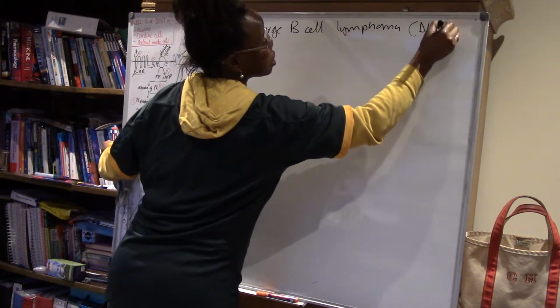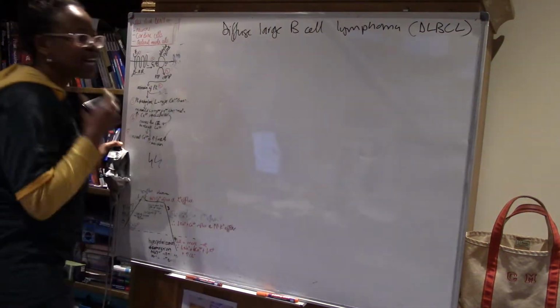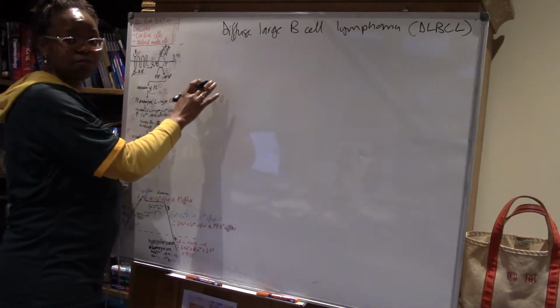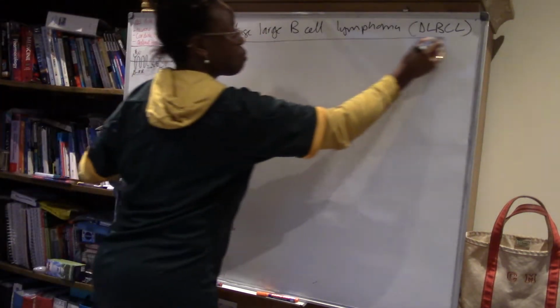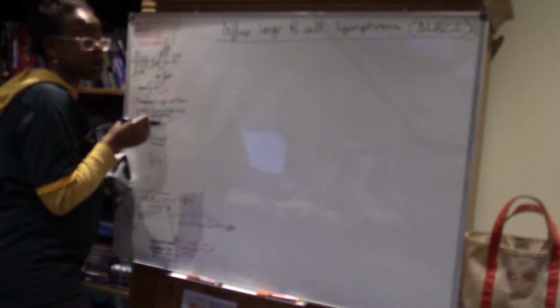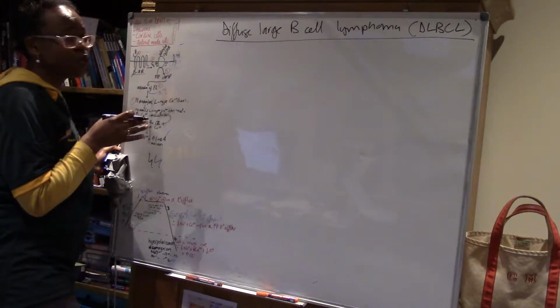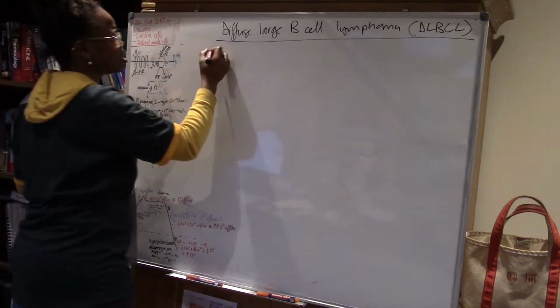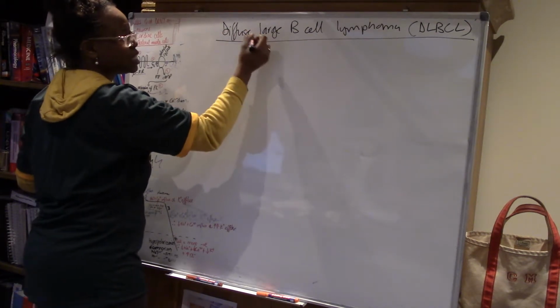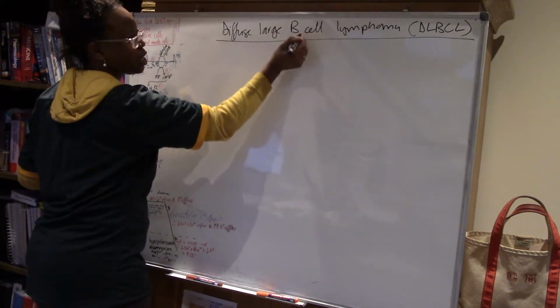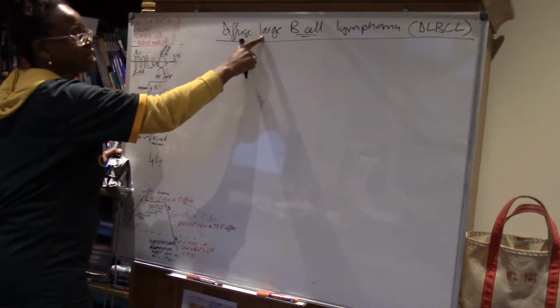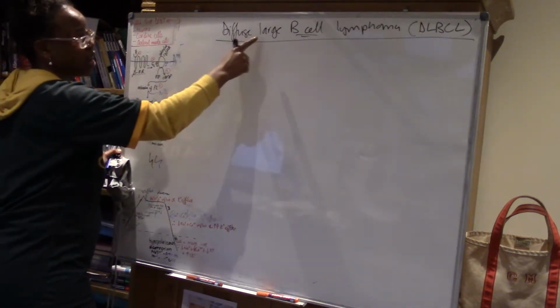Diffuse large B-cell lymphoma. Again, it has so many subtypes, and there are so many types of it. It is a lymphoma of B-cell origin. The morphology of the cells is large.